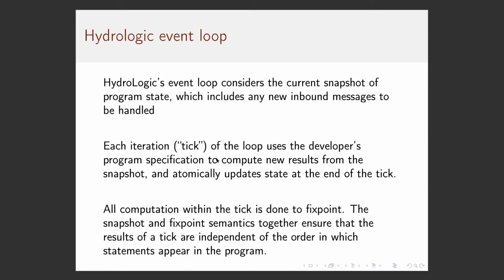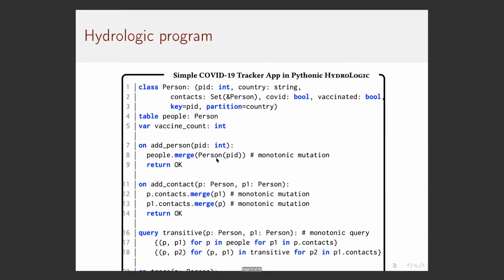So the round abstraction, and within each tick, within each round, all computation is done to fixed point, so that the order of the computation within a tick would not be a problem, would be irrelevant. So some kind of order independence within a tick. So this is the generated pseudocode from the given DSL pseudocode.